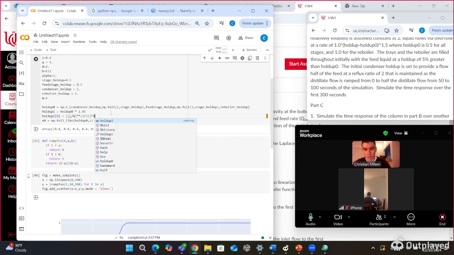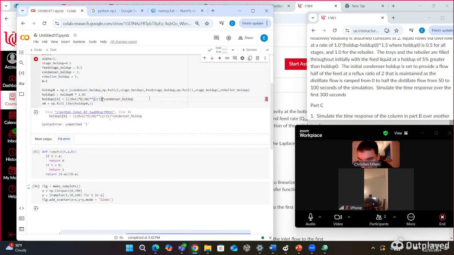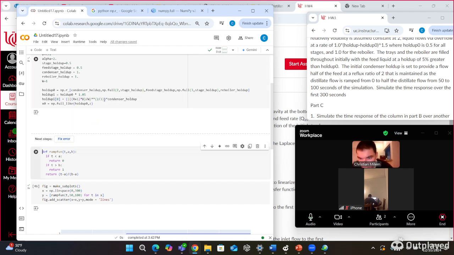And then times holdup 0, which would actually just be the condenser holdup, which, like we said, is going to be R plus 1 times D. And we have an extra one, I think. Let's just bracket all that to be safe.